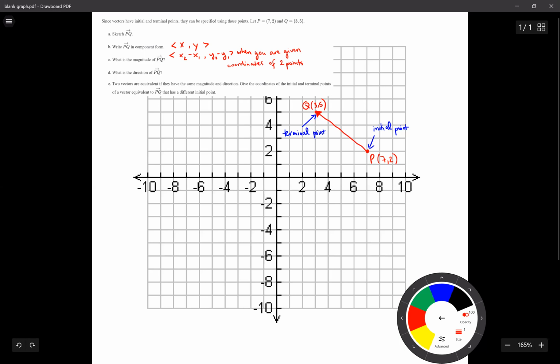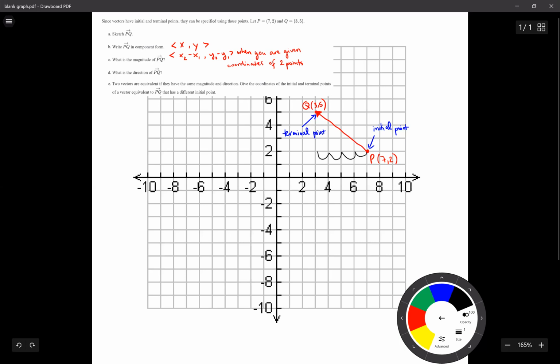All right. And when we're using a graph, how do we write component form based on the graph? You start with the initial point. From the initial point, how do I travel horizontally to Q? I will move to the left 4 units. So 1, 2, 3, 4.